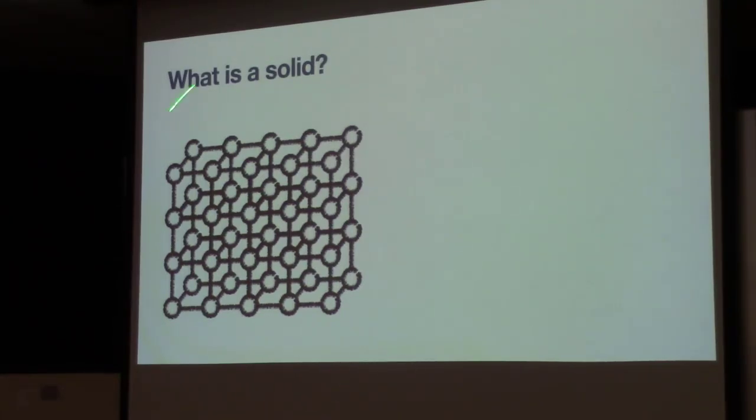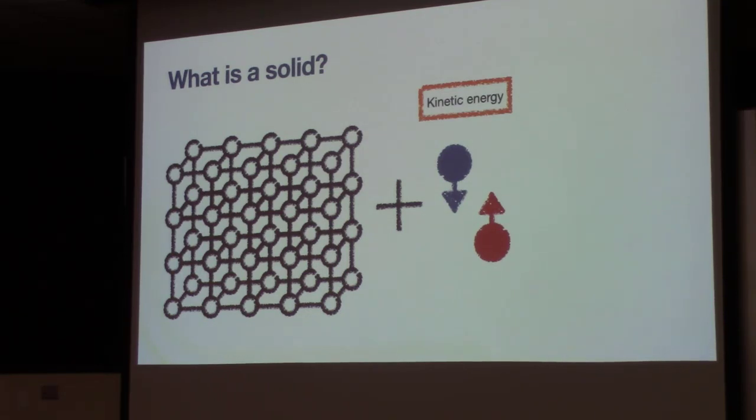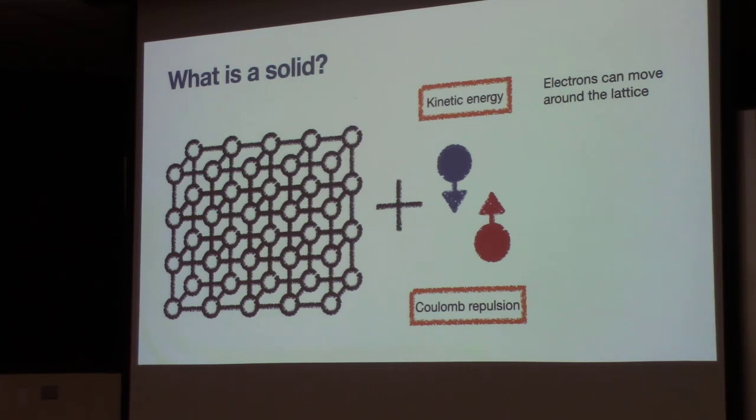So to put this in a line of thought, what we have for a solid is a periodic array of ions, or a lattice, and then we have the electrons that I denote here by red and blue. These electrons have two things. They have kinetic energy, which means the electrons can move around the lattice, and they also experience Coulomb repulsion.